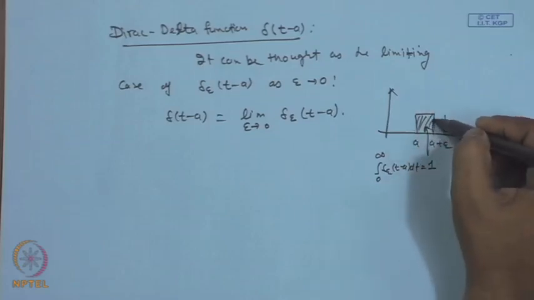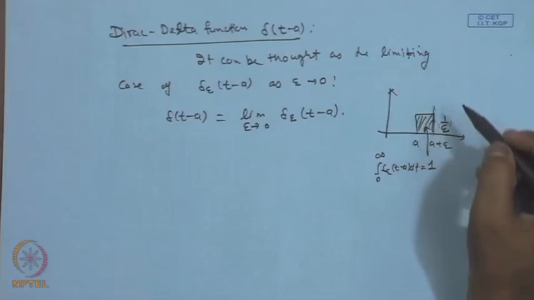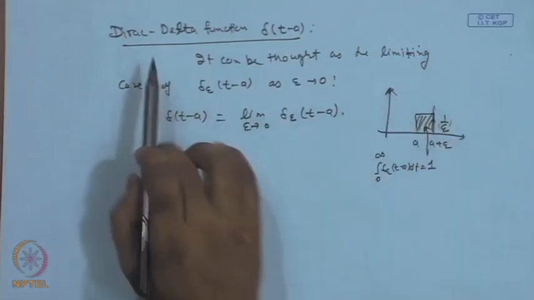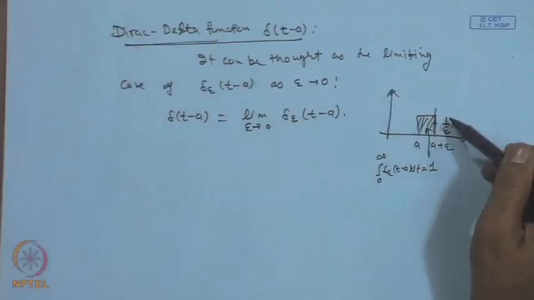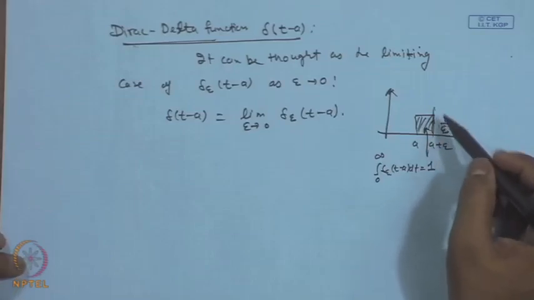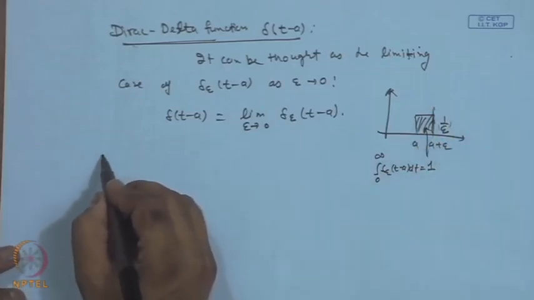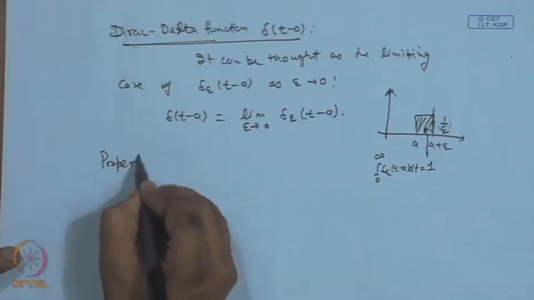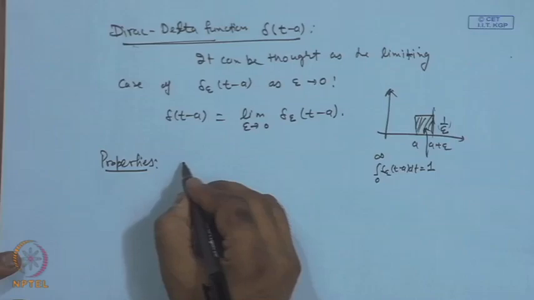We will get a peak here, because 1 over epsilon will go to infinity in that case. So, this unit impulse function or this Dirac delta function, one can think as this limiting case of this delta epsilon function, and it has the following properties which can be derived with this definition itself.